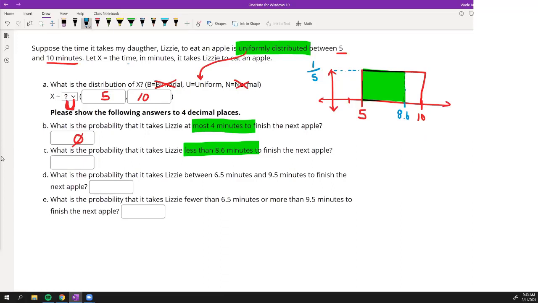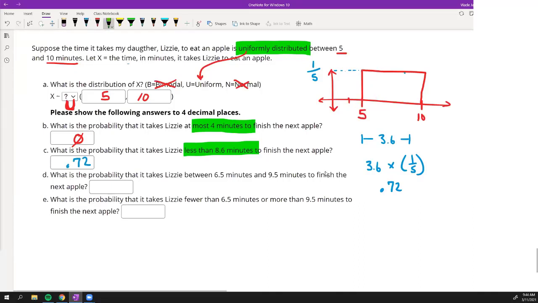Number one, find the base. If you subtract these two, you get 3.6 as the base, right? Then we have to multiply the base by the height. So we're going to take 3.6 and multiply it by 1 over 5, 0.72. So this area is 0.72, which means there's a 72% probability that Lizzie will finish the apple in less than 8.6 minutes.